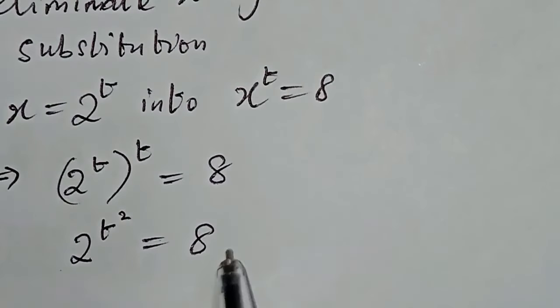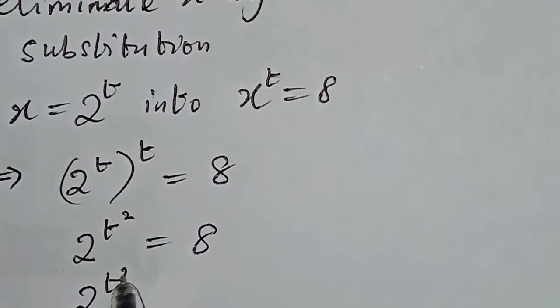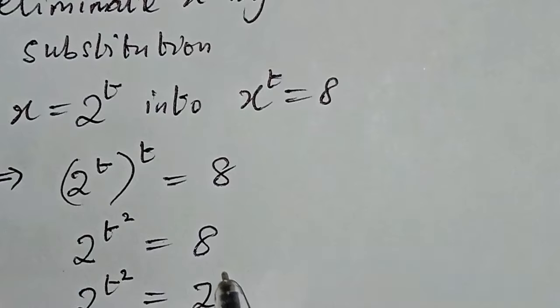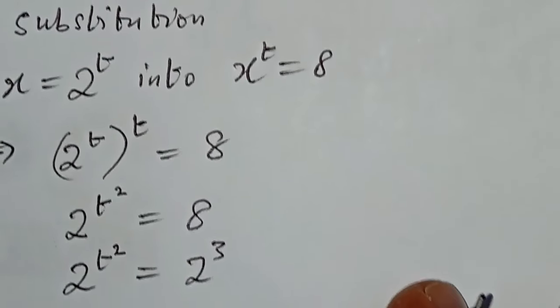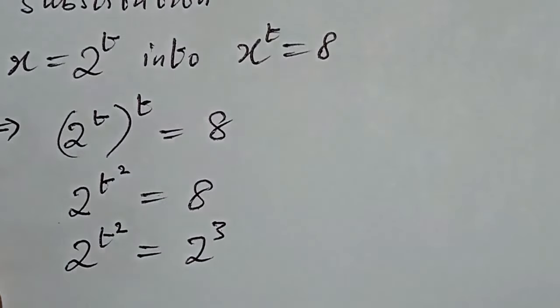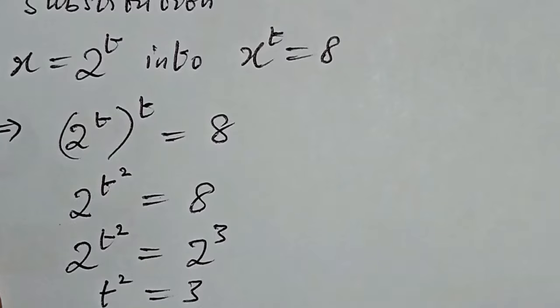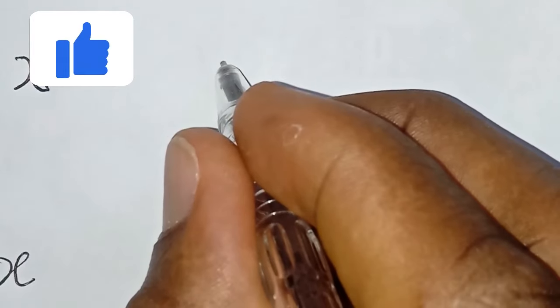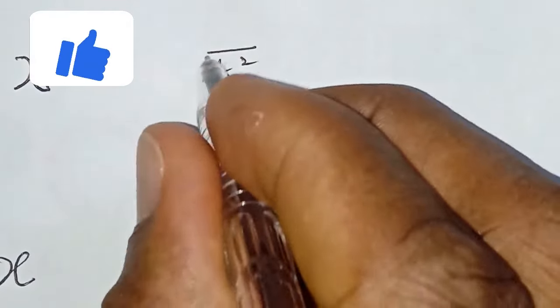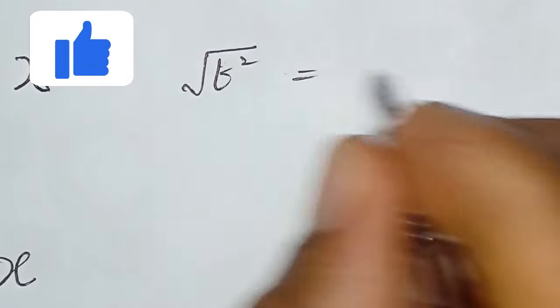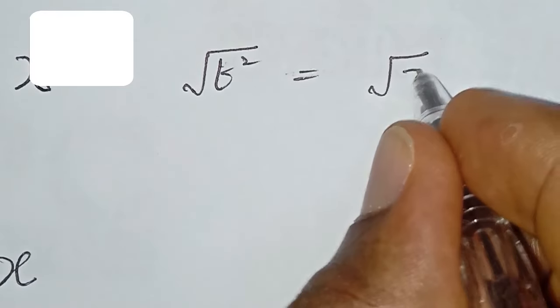Now from here we can simplify this 8 as 2 to the power of 3, so 2 to the power of t squared equal to 2 to the power of 3. As you can see, the bases are the same. Now if we equate the exponents, we have t squared equal to 3. By taking the square root of both sides, square root of t squared equal to square root of 3.